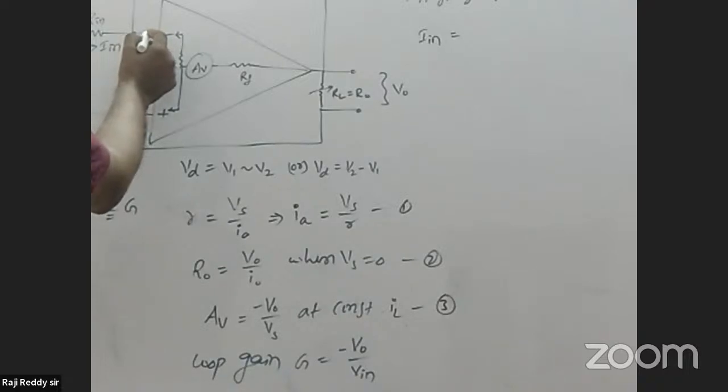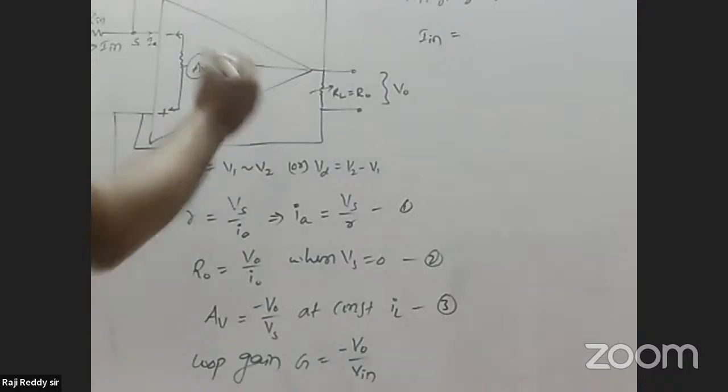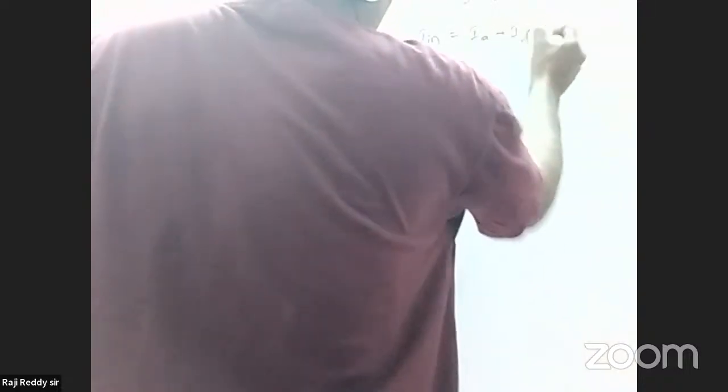For example, this is IA, and this is IF. Then I in is equal to IA plus IF, either capital letters or small letters, current magnitudes.